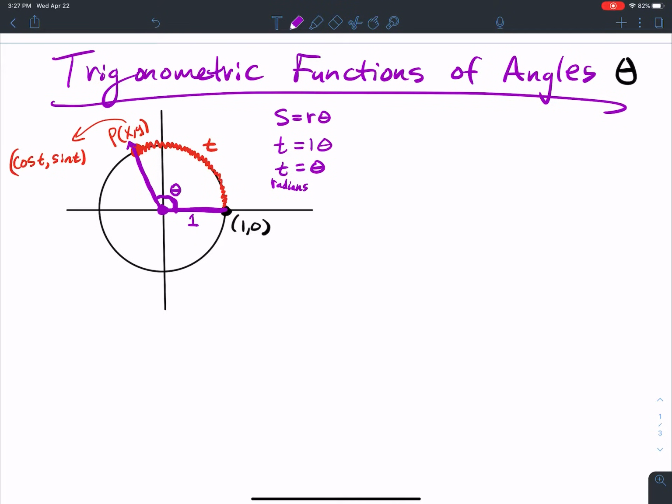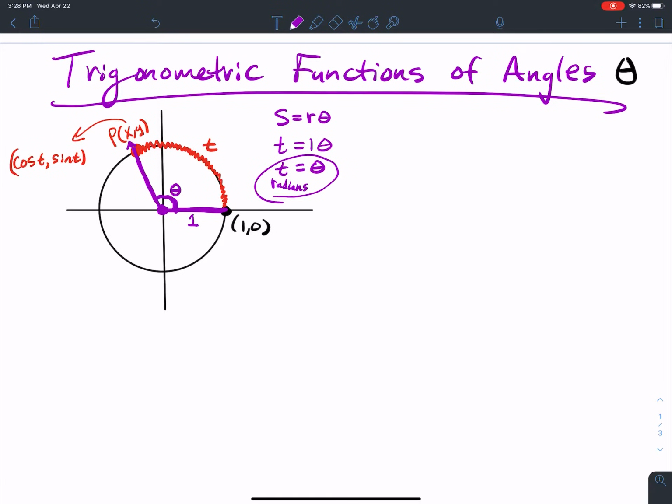Now, a point P on the unit circle that corresponds to the real number t is also a point P on the terminal side of the angle theta equal to t radians.